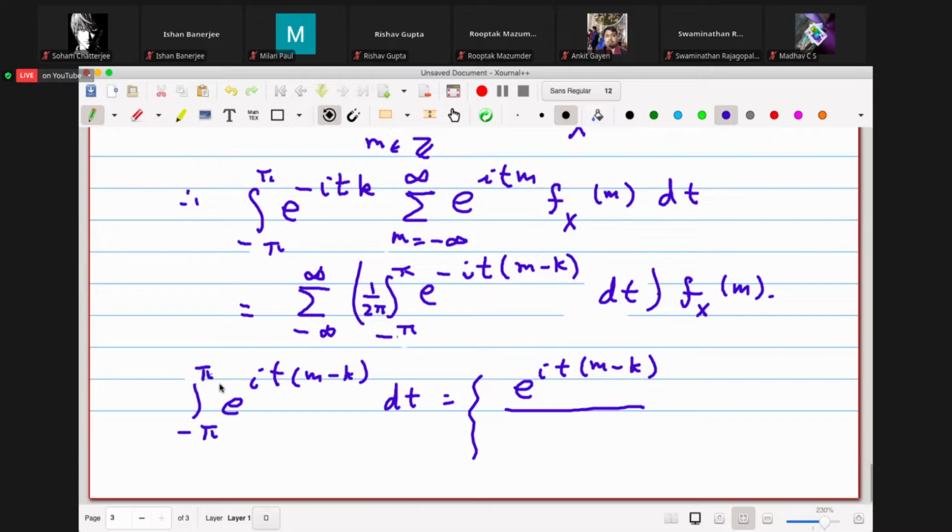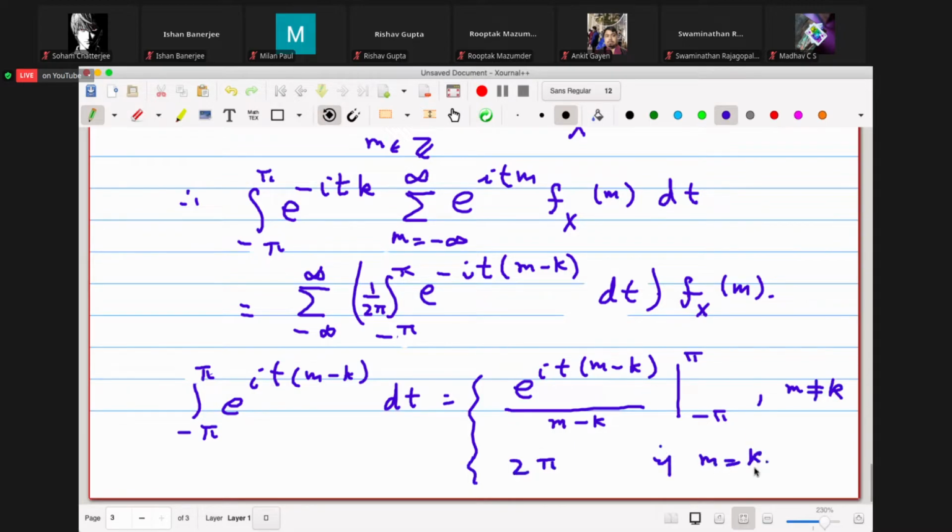Here I'm going to write m minus k, and integration is with respect to this. You integrate it between minus pi and plus pi. But this is periodic of period 2 pi, so it is going to give you 0 if m is not equal to k. So this formula is valid if m is not equal to k. Otherwise, this is just 1 and you get 2 pi if m equals k.